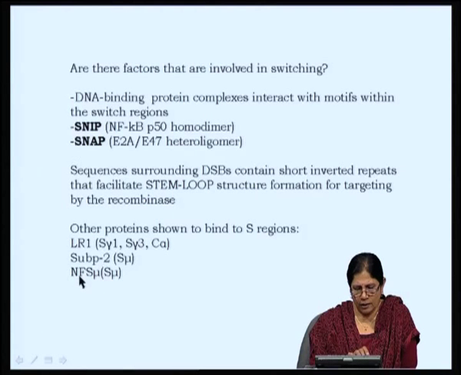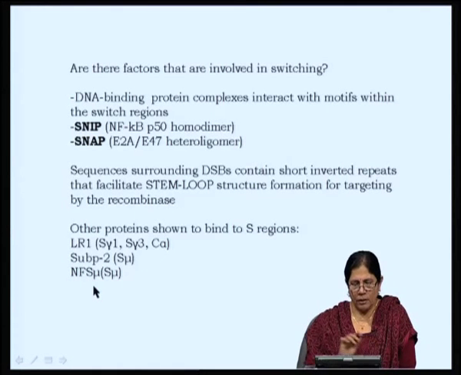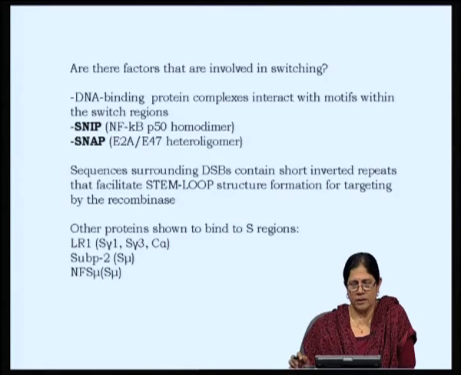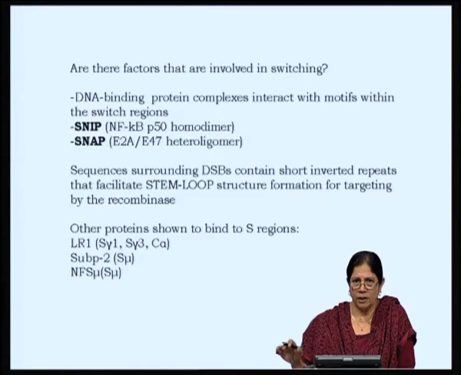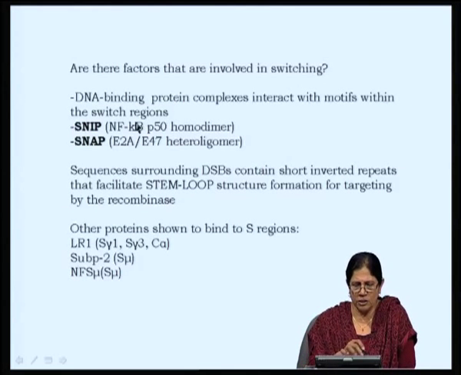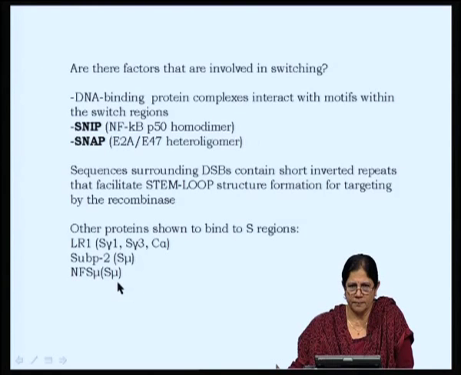There are also those that bind specifically to the switch regions of the mu heavy chain, the NF-S mu. Now, I would like to emphasize here that though these factors have been seen to bind to these motifs in switch region genes, none of these have actually been demonstrated to bring about class switching in vitro. By DNA binding studies, these molecules have been identified.